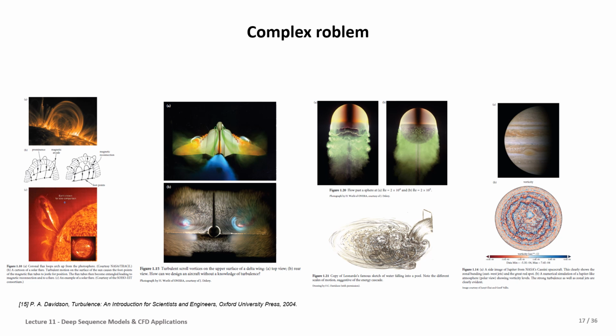There is an example from Leonardo da Vinci, which presents the different scales of turbulent flow. So as you can see, this is a broad application from nature and from industry. So understanding it, and maybe using a novel approach to help understand these phenomena, will be great.